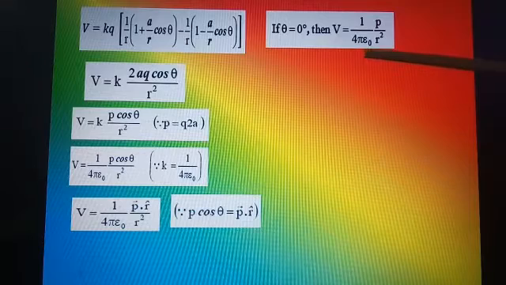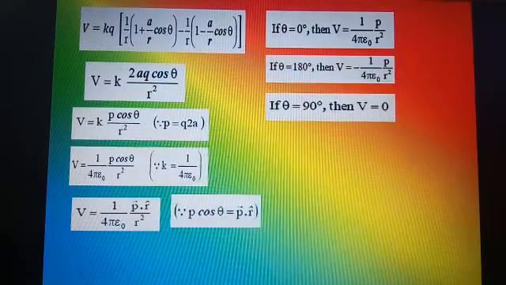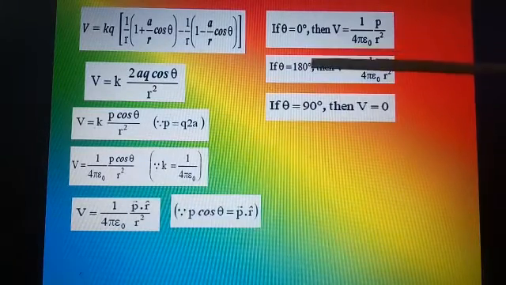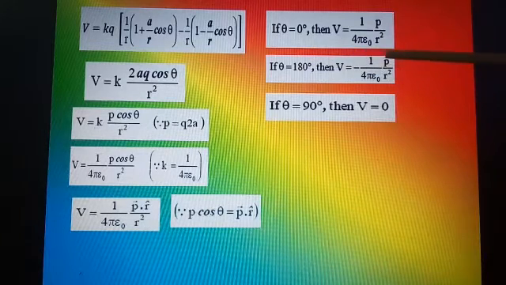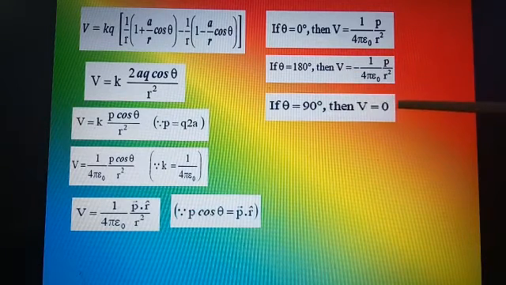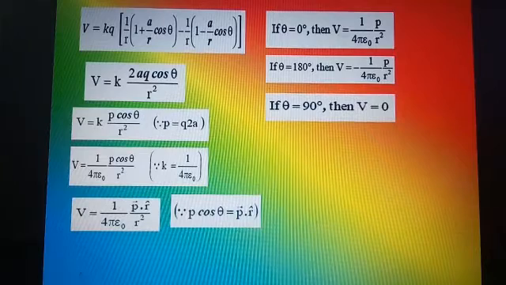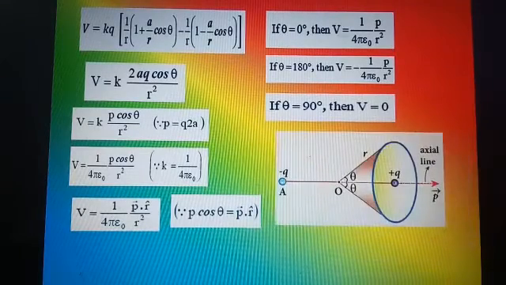If the theta value is 0, we get V is equal to 1 by 4 pi epsilon naught p by r square. If the theta value is 180, V is equal to minus 1 by 4 pi epsilon naught p by r square. If the theta value is 90, then V is equal to 0. And the next one, you see the diagram, that is dipole potential is axially symmetric.